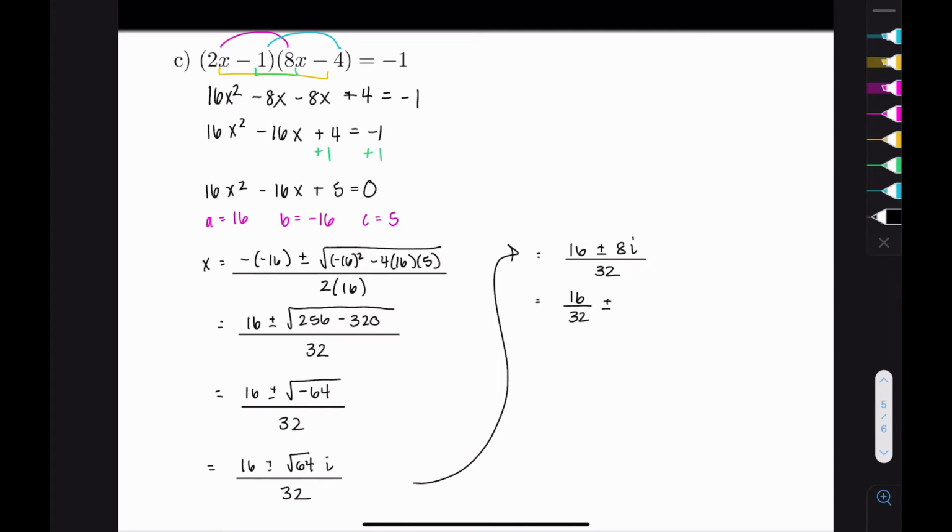So it's 16 over 32 plus or minus 8 over 32 i. And then if you simplify that, 32 divided by 16 is 2, so this simplifies nicely to 1/2. And then both of these are divisible by 4, so that simplifies to 1/4 i.